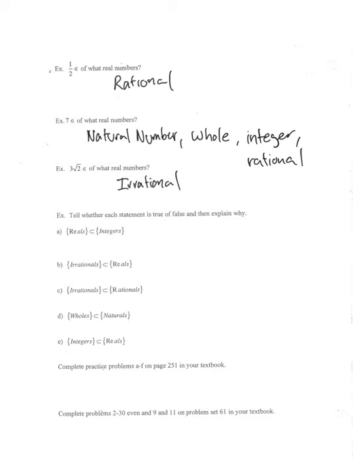All right, now we get into some fun logic questions. And so we have to say if it's true or false, and then explain why. So here we go. We have a statement here, and the statement is that real numbers are a subset of integers. Well, I have to think about this, and I say, okay, are all real numbers integers? That's pretty much what that's saying. And the answer is no. This is actually a false statement, false.